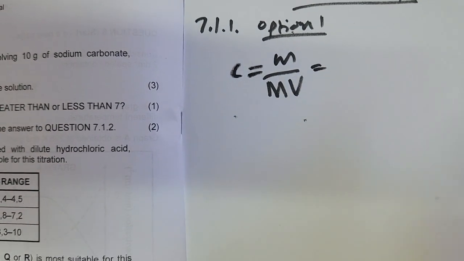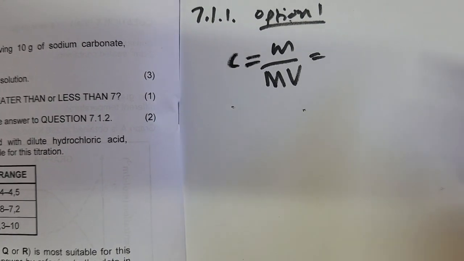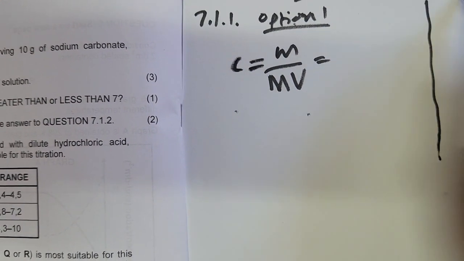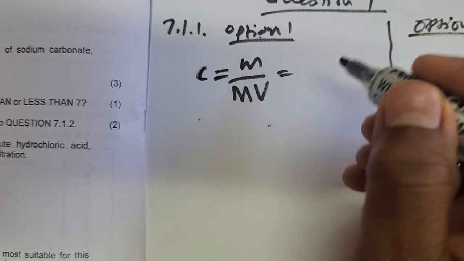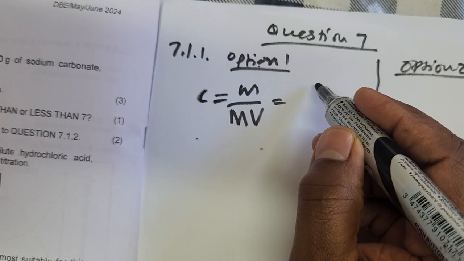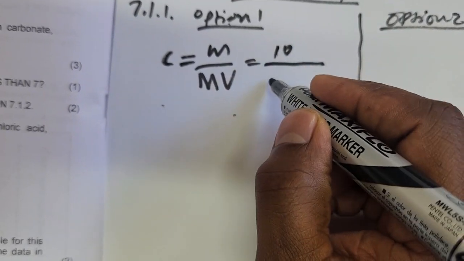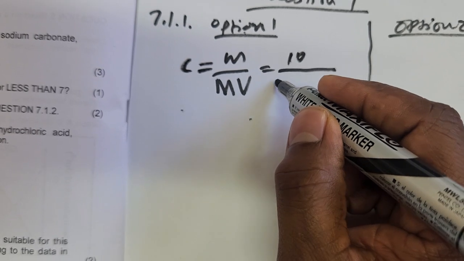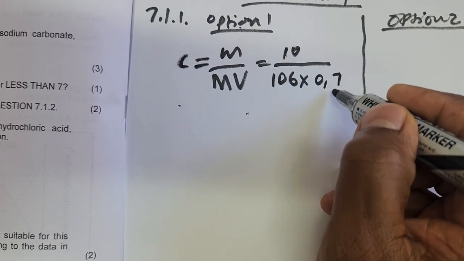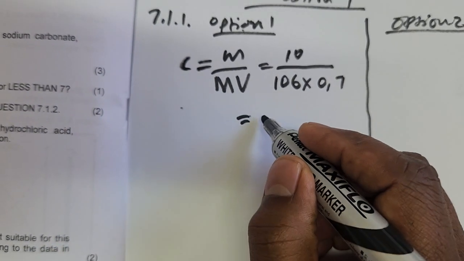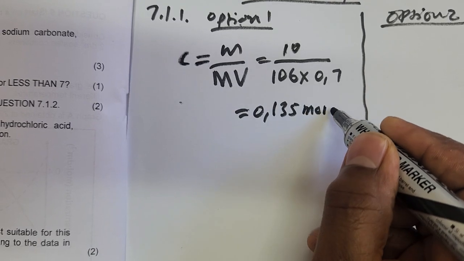Here, the mass is 10, divided by the molar mass of sodium carbonate, which is 106, multiplied by 0.7. The answer gives us 0.135 mole per dm cube.